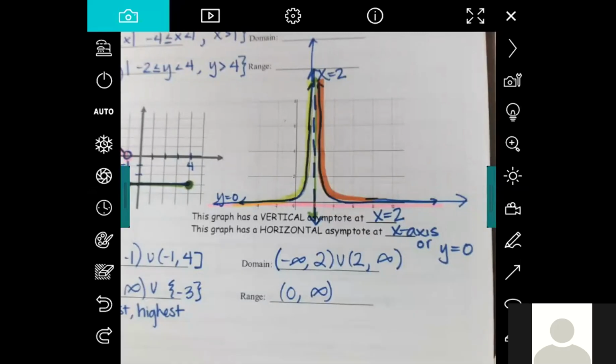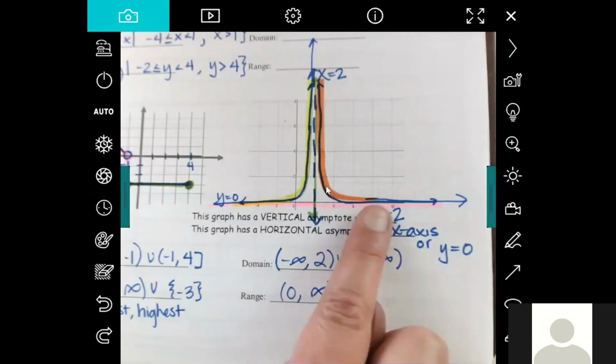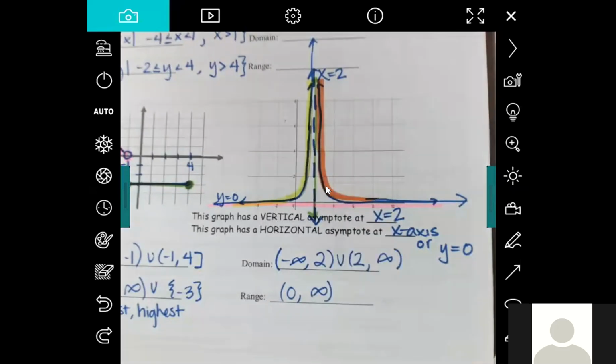All right, now, before you guys work on homework, look at your orange here. Do I need to create a separate range for my orange chunk? Think about why. How low does the orange side of the graph go here?